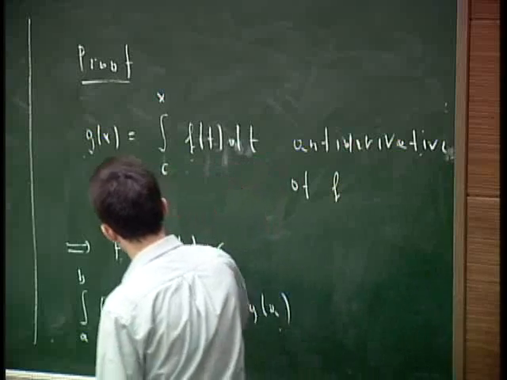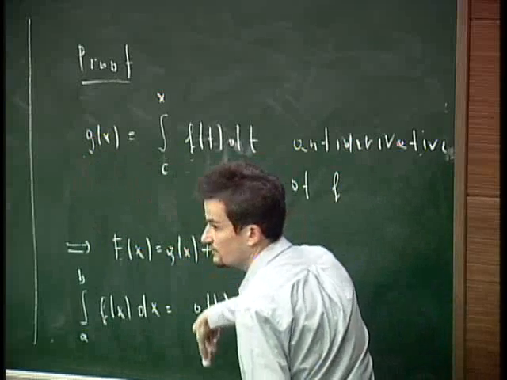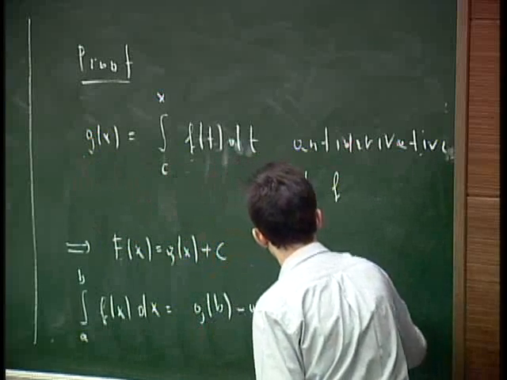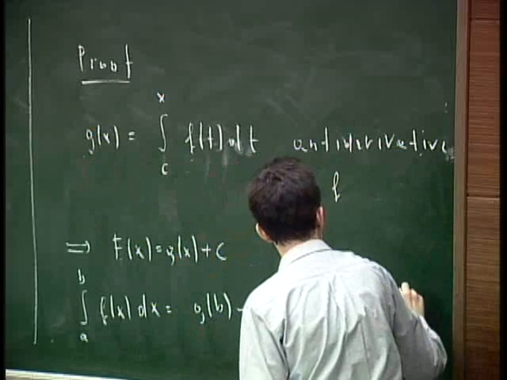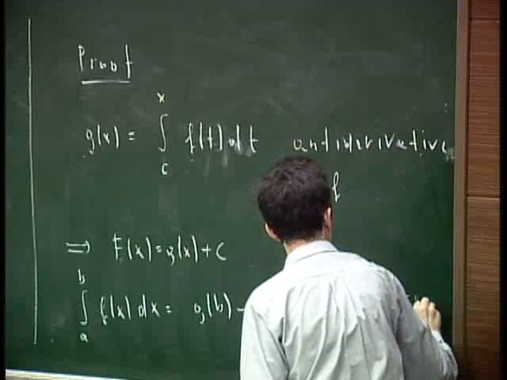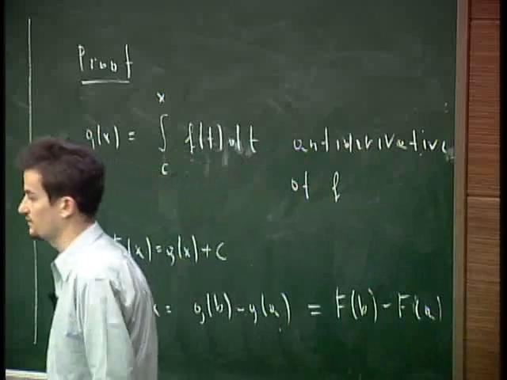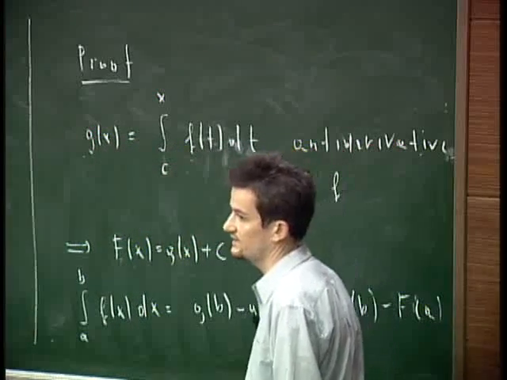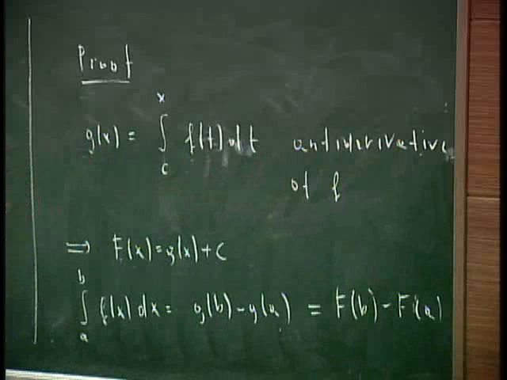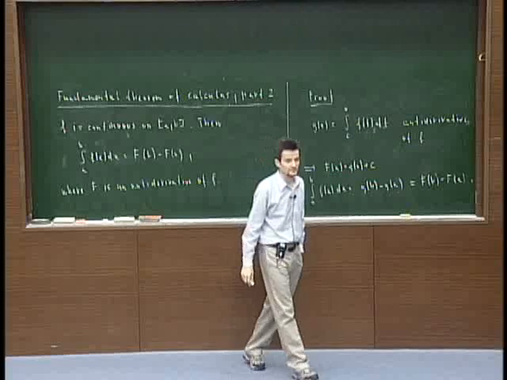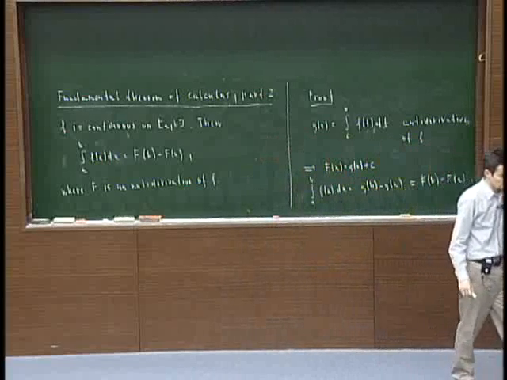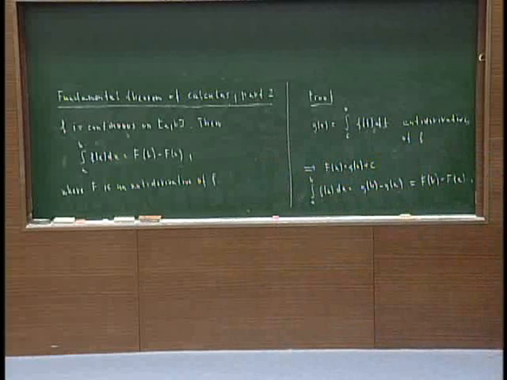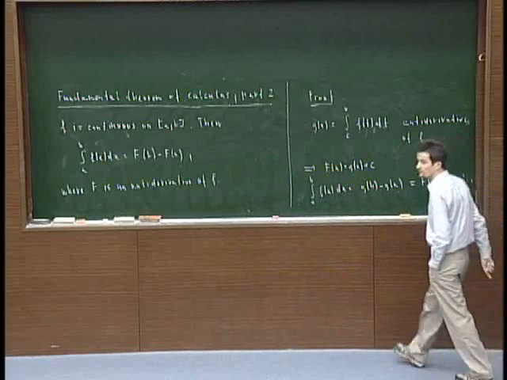And now you can write this as f of b minus f of a, because the constant will cancel out because of the minus. And this proves the claim, because g of x is f of x minus c, you plug this in and the constant cancels. So no matter which antiderivative you use, the result will always be the same. So this finishes the proof.